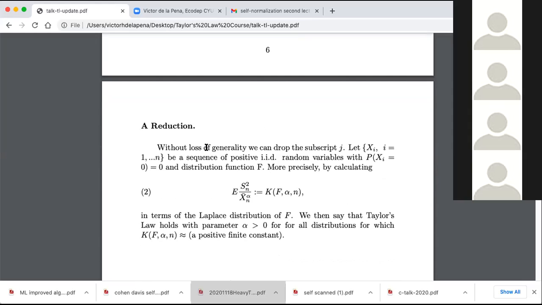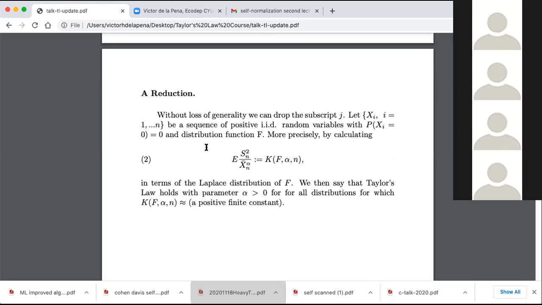Without loss of generality, we can drop the subscript j. We look at a sequence of positive IID random variables with a given distribution function f. We are calculating the expected value of the sample variance over the sample mean to a constant in terms of a function of the distribution, alpha and n.